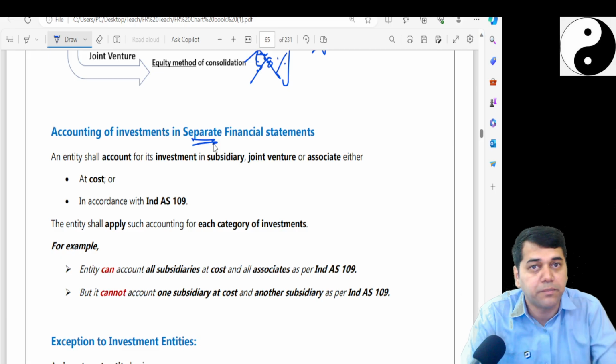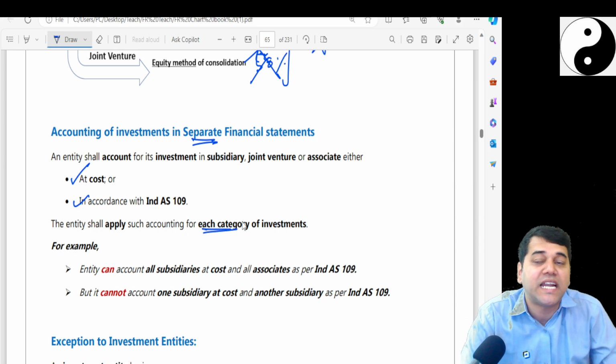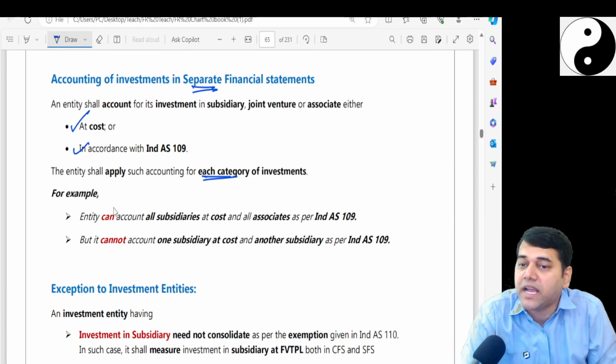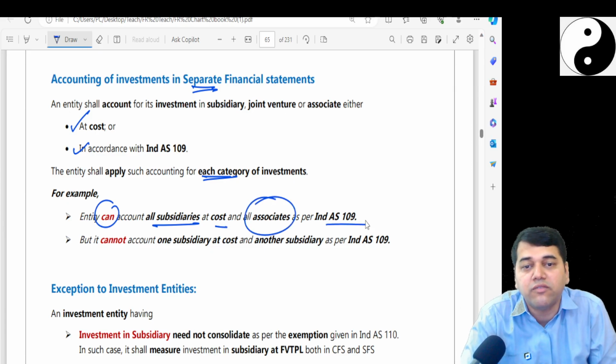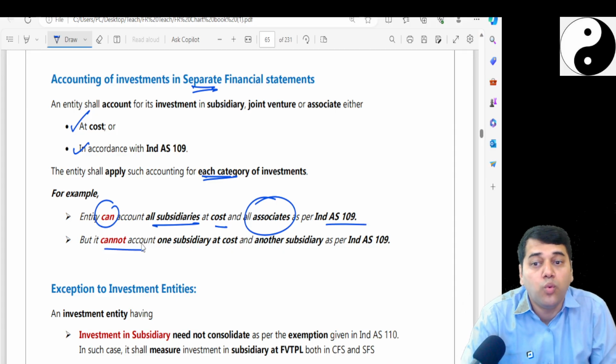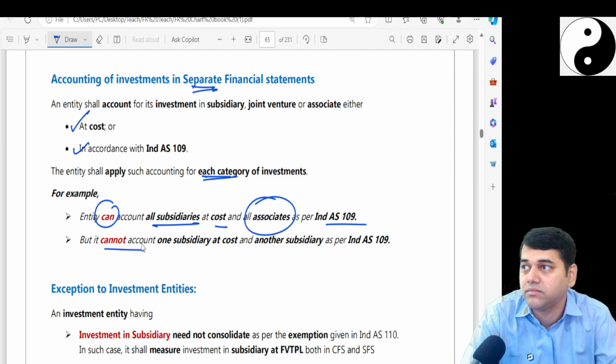But in separate, since you have an investment, you can value at cost or 109. But you need to apply it for each category. Like you can account all the subsidiaries at cost, all associates at 109. But you can't do one subsidiary at cost and another subsidiary at 109. You have to apply it for a category.